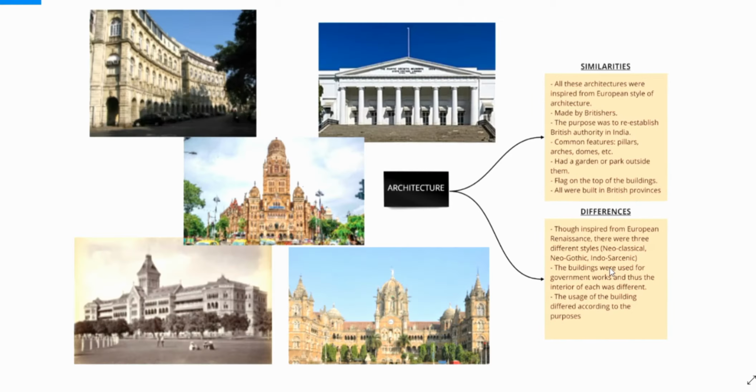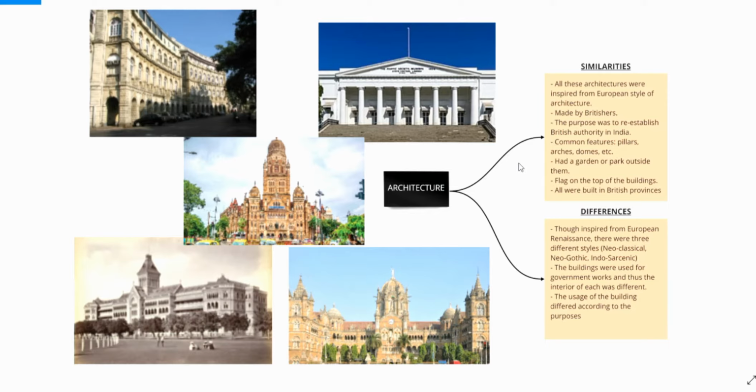Next is architecture. So the major similarities were that all these architectures were inspired from European style of architecture, and since they all were built in the British province of Bombay, they all had the European influence. They were made by Britishers, and the purpose to make them was to re-establish British authority in India, especially after the revolt of 1857.